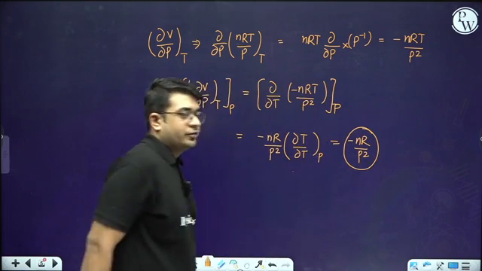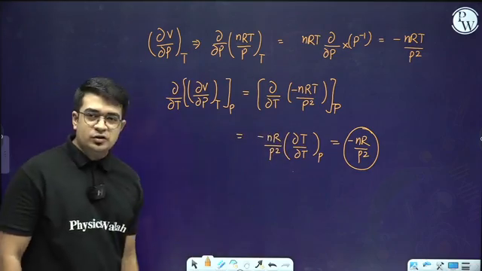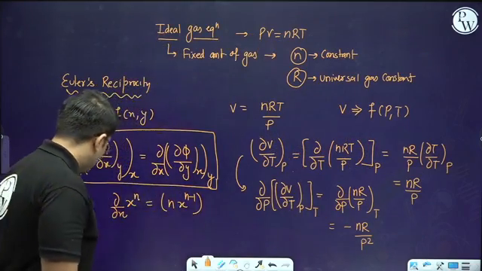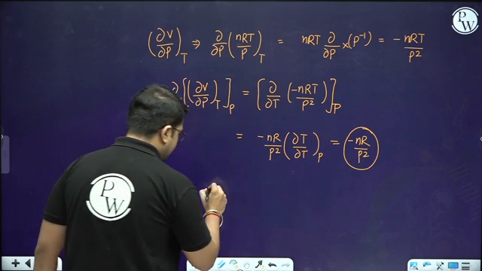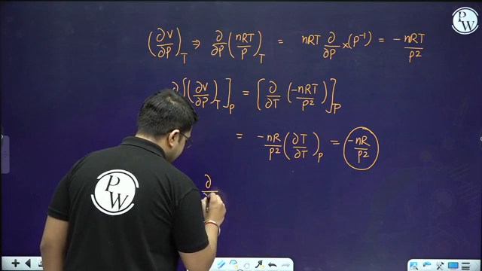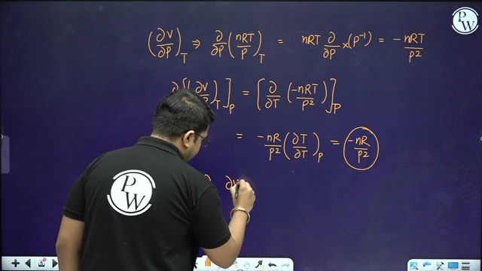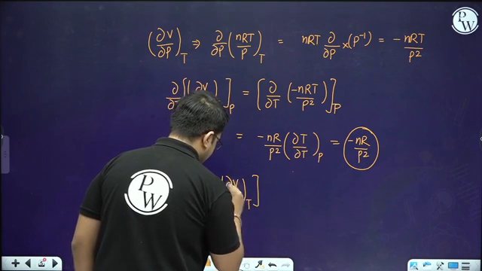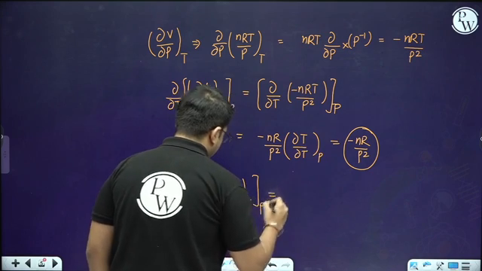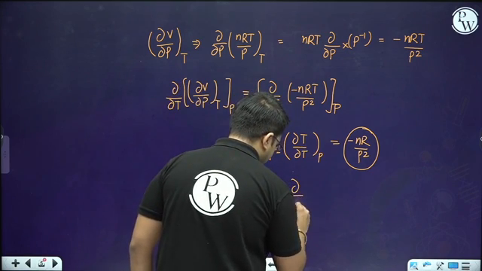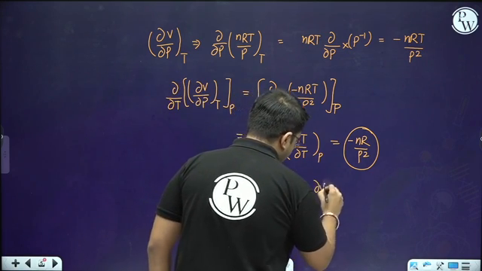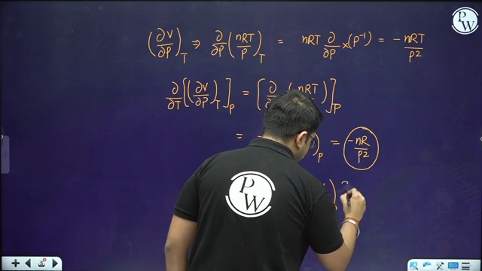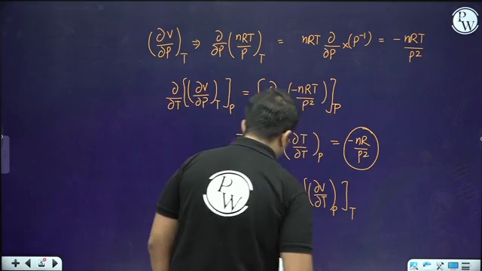Now just look at the value. This is minus nR over P square. Again, the previous part was minus nR over P square. So you can simply say from that particular part that d by dT of dV by dP at constant temperature, and at constant pressure, will be equal to d by dP of dV by dT at constant pressure, and the entire part at constant temperature.